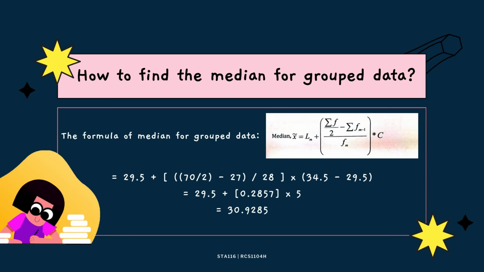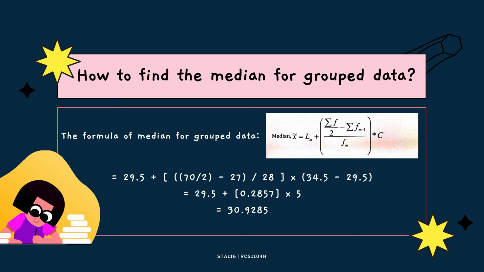Then we find the median using the given formula, which starts with the lower class boundary. In this example it is 29.5, plus the total frequency, which is 70 divided by 2, minus 22, which is the CF of the class before the median class, divided by the frequency of the median class, which is 28.